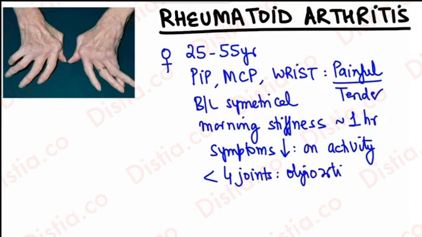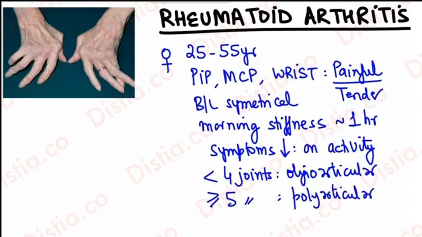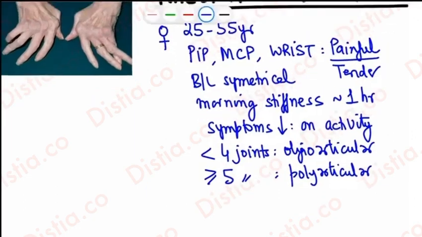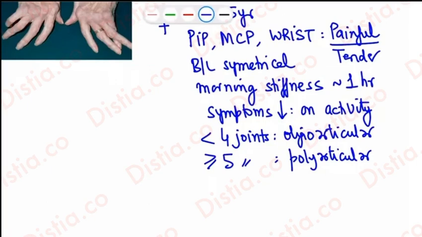On the other hand, if it's at least 5 or more, then I am going to call it a possibility or a diagnosis. I have not confirmed that it is rheumatoid arthritis as of now, so we'll talk about antibodies. But assuming this person has a positive RA factor and a positive anti-CCP antibody, that is cyclic citrullinated peptide antibody, if you have more than 5 joints involved, we are going to call it polyarticular rheumatoid arthritis.